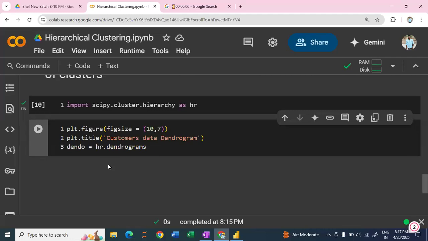and one more method that I want to apply here, that is hr dot linkage. So basically in linkage we are providing the data set here, X, and the method should be ward.